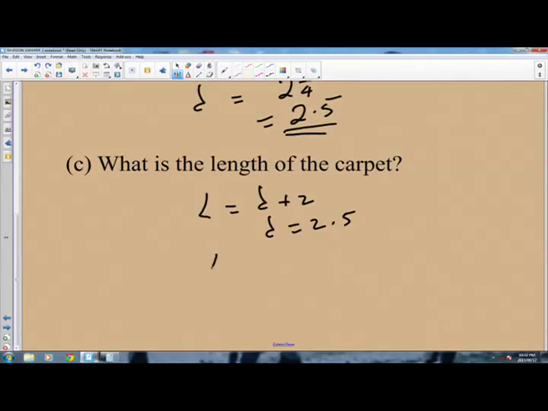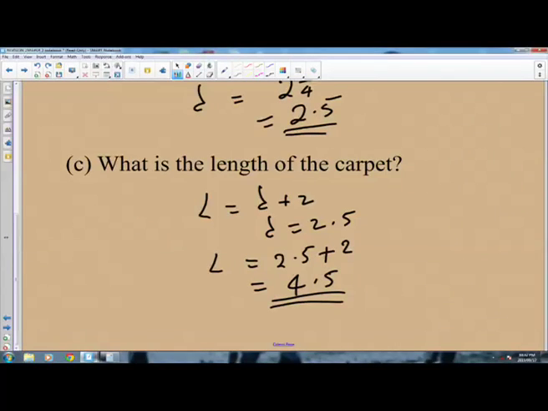So the length will be equal to 2.5 plus 2, giving us the length as 4.5. This is how we find the length of the carpet. We simply need to substitute for d. In this case, d is 2.5. So we'll have 2.5 plus 2, giving us 4.5. This is the length of the carpet.